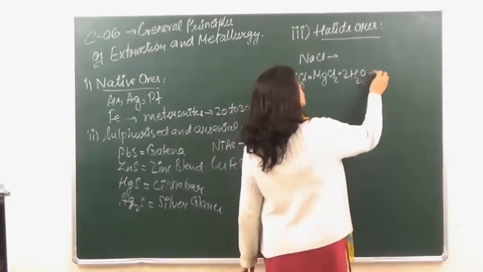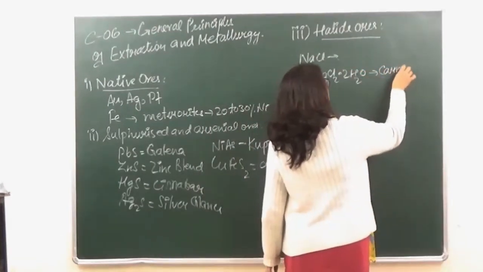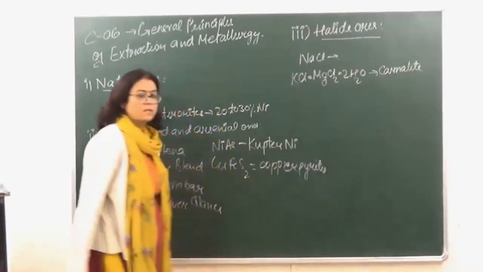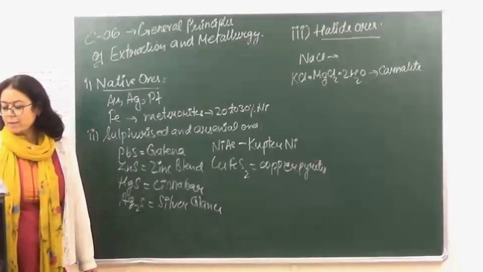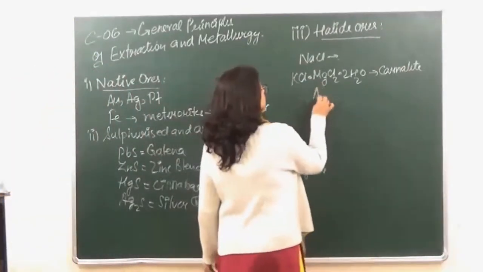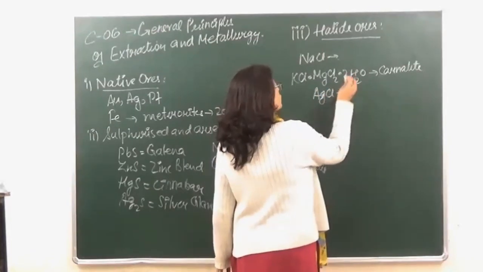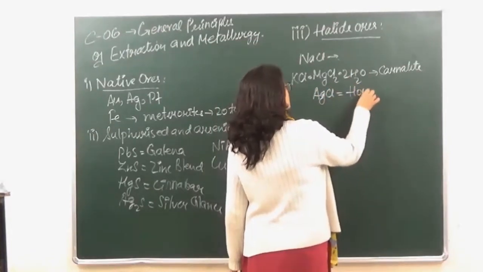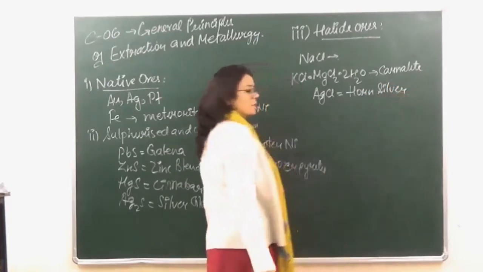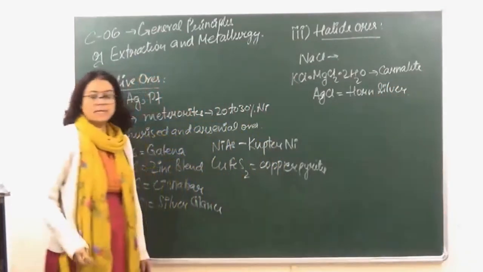This is a double salt which is known as carnallite. Then we have AgCl, silver chloride, which is known as horn silver. Okay, so these are the third type.